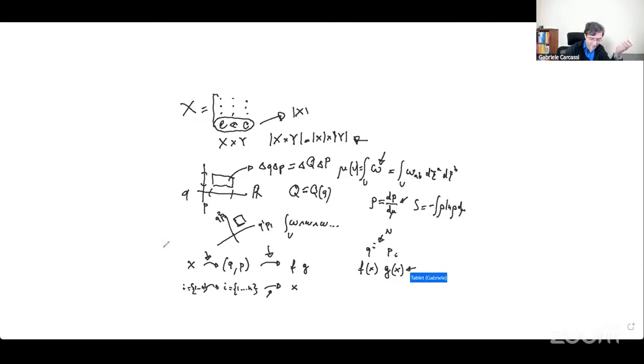And now here you have an infinite amount of numbers that I have to give you, because I have to give you a pair of numbers for each point.